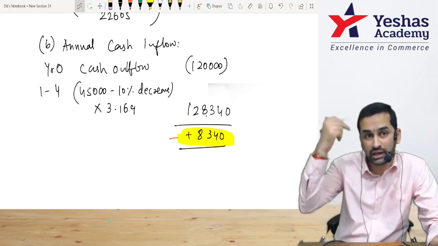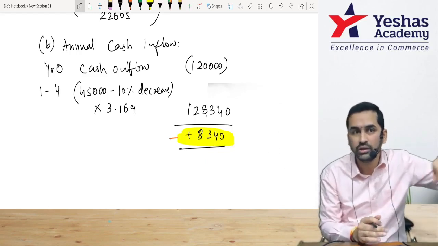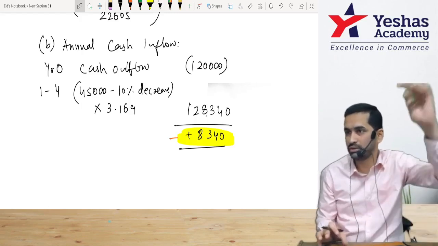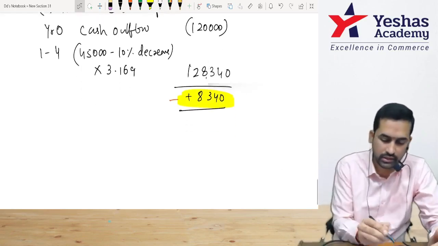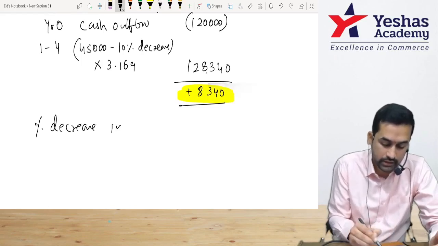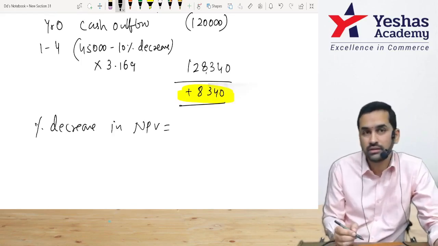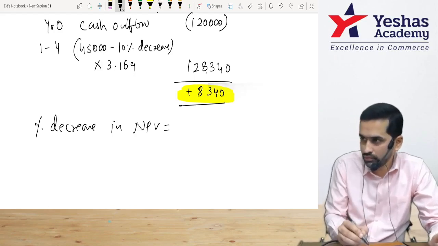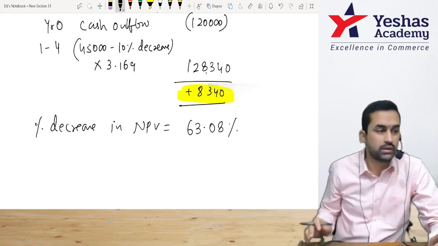Then the decrease will be more than 100%, because from positive to 0, from there it has gone down to negative. So in the exam, if you get a negative number here, it's not wrong. Original was positive doesn't mean all has to be positive. Don't worry, just continue the calculation. Percentage decrease in NPV is original number minus new number divided by original number. 63% approximately.